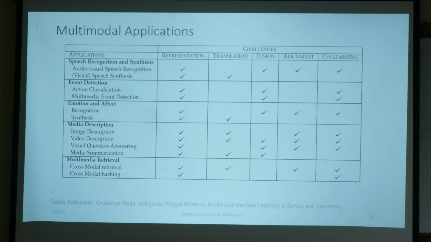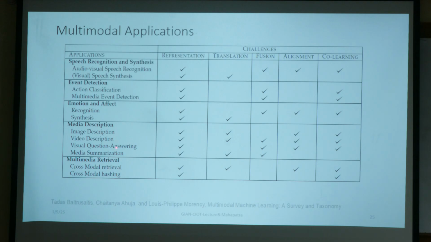And this is an interesting table where you can see the challenges: representation, translation, fusion, alignment, co-learning, and here you have some of the applications. Speech recognition and synthesis, event detection, emotion and affect, both recognition and synthesis, action classification and multimedia event detection.